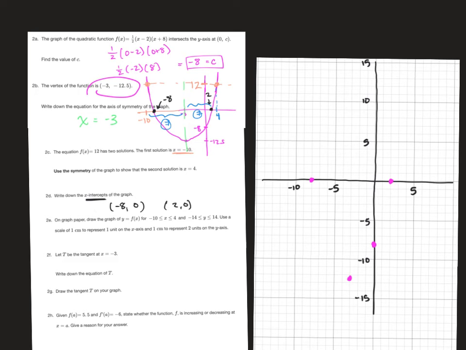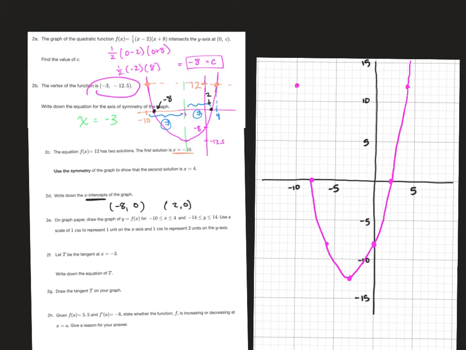And then the other points that we are aware of right now are (-10, 12) and (4, 12). So let's get those on there. And then you can just kind of do your best to sketch that graph. You could, of course, figure out that that point is also going to be on there, just by symmetry.